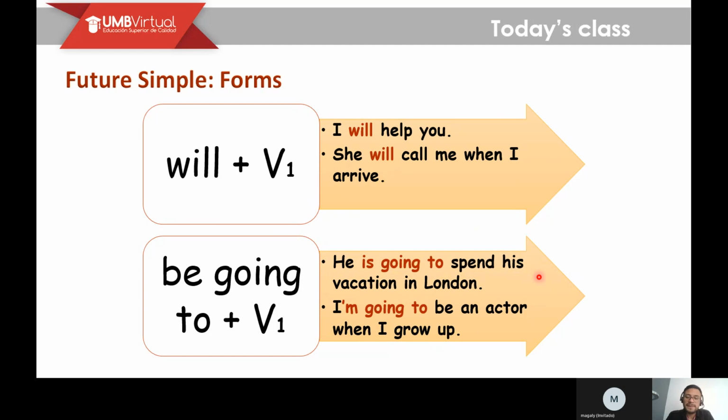And we have this be going to, that is a present form in terms of grammar, but with the intention of mentioning something in the future. For example, a plan. You're planning to go to the movies on the weekend. I'm going to the movies on the weekend. So that is your plan, not for now, but for a moment in the future.